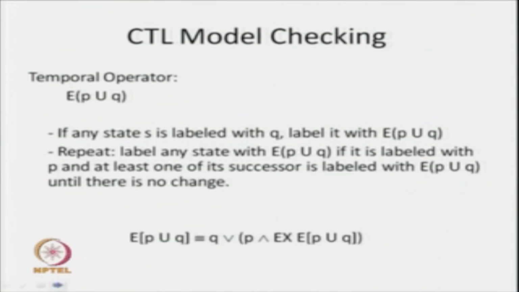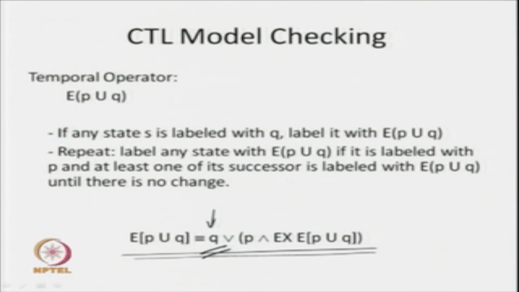Why is this possible? Because we have already seen this equivalence: E[P until Q] can be expressed as Q or (P and there exists a path next state E[P until Q]). If Q is true in S, we label it with E[P until Q]. This is the first disjunct.